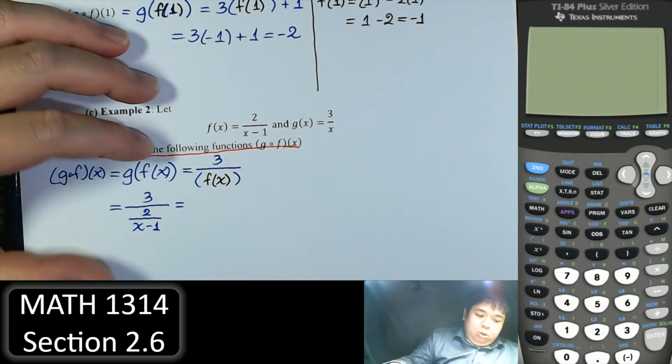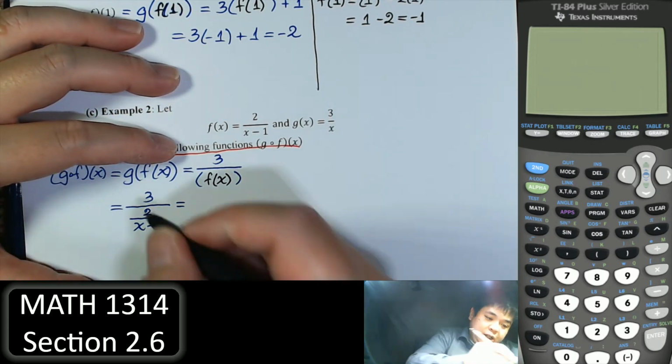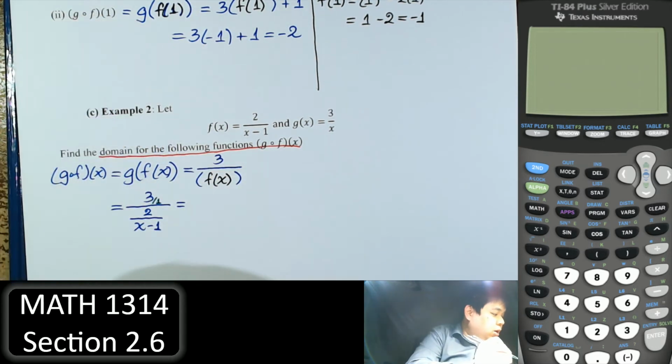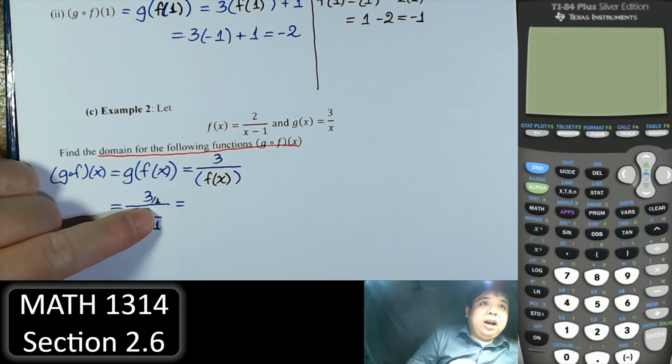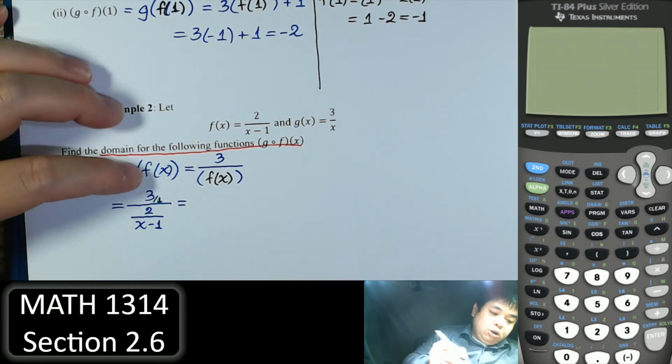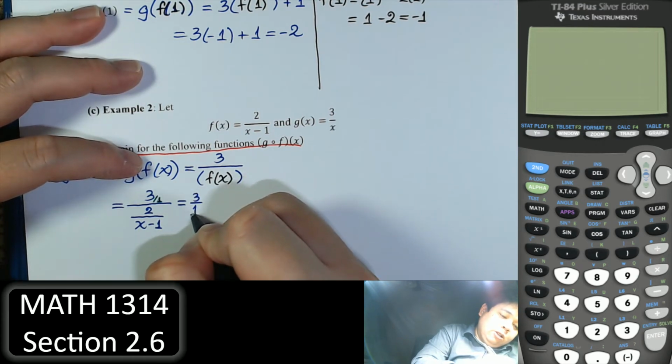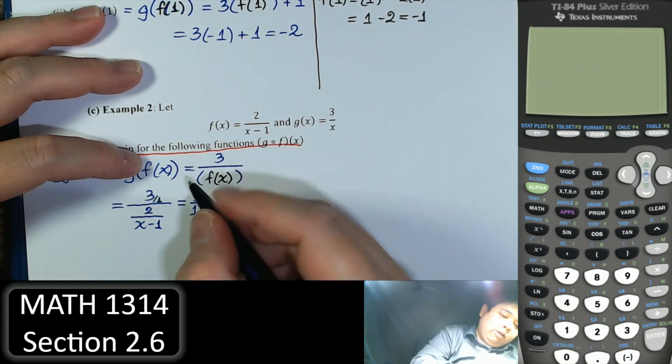Now, what we do here is we can write 3 divided by 1, and we divide fractions, so multiply by the reciprocal. We're just going to flip it.